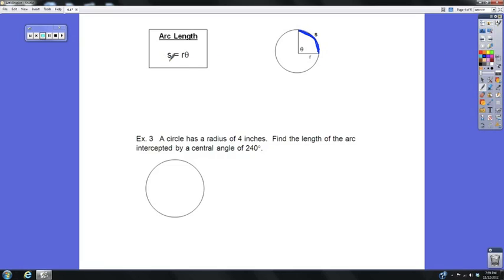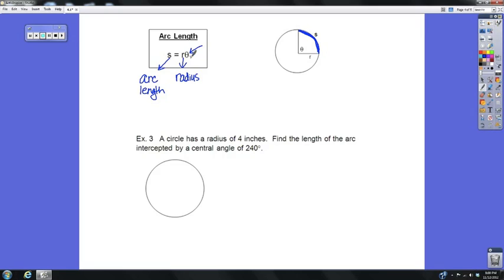Let's talk about the formula here. So the S right here is arc length. R, that's pretty obvious. I think everyone would know that that is radius. Okay, this is extremely important right here.